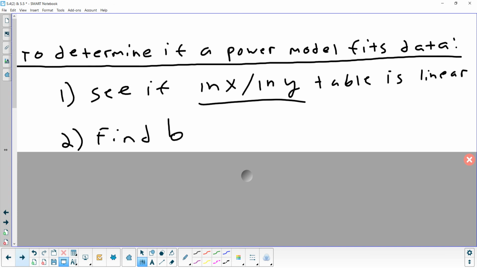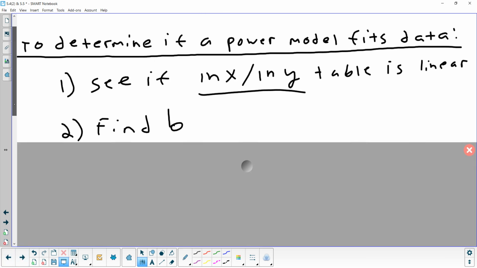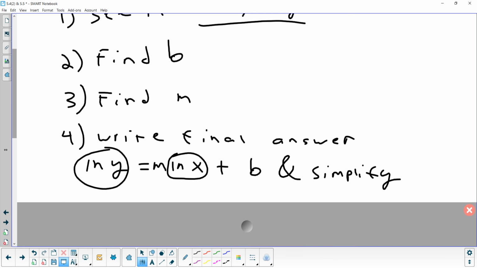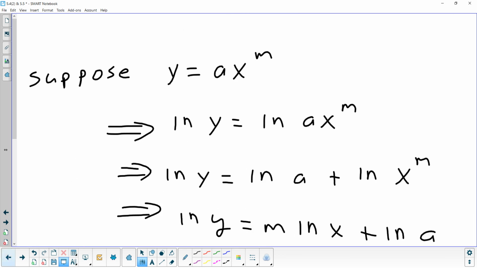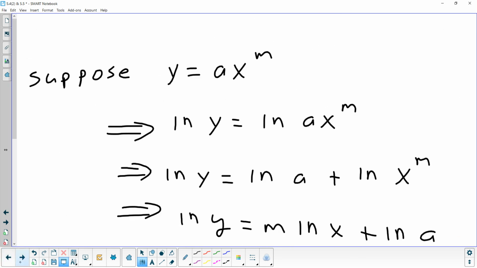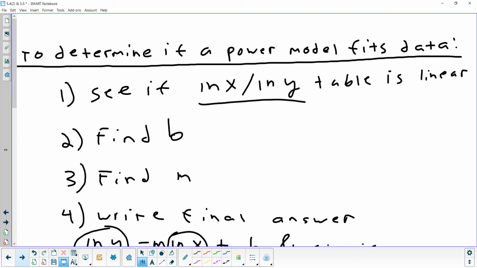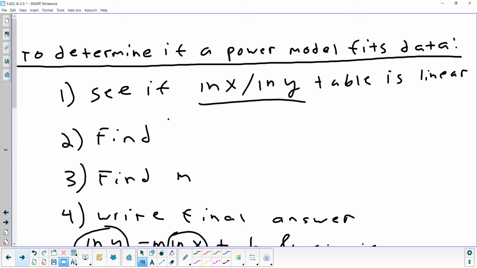Okay. So, next step. We're going to find, let me just change the letter to the letter that I used. Y equals, I didn't call it B, I called it A. Sorry.